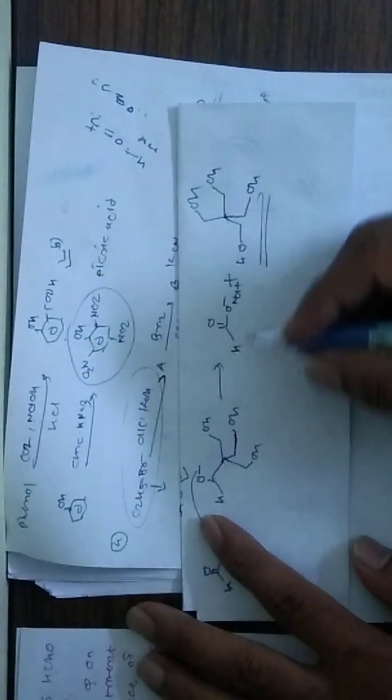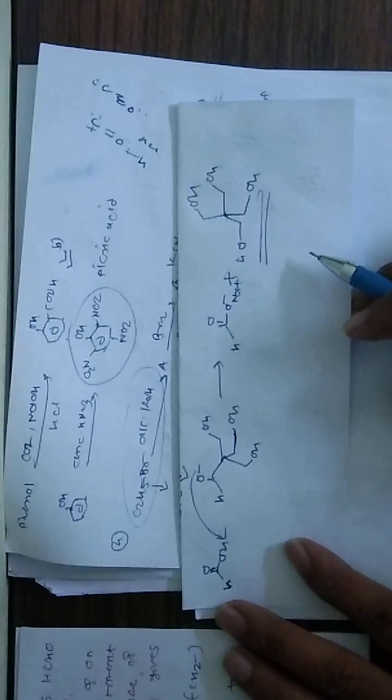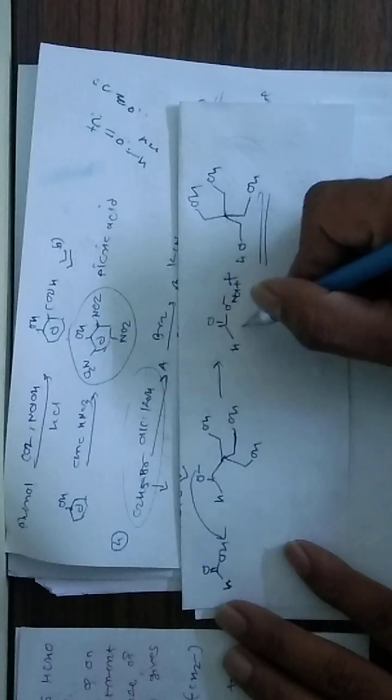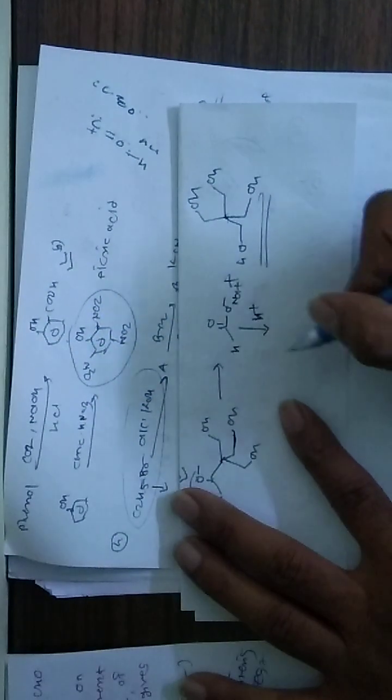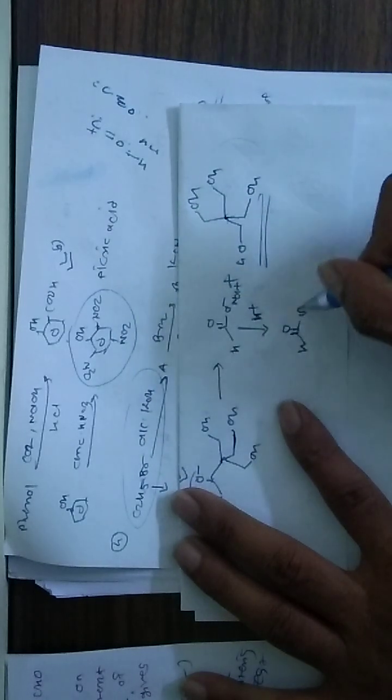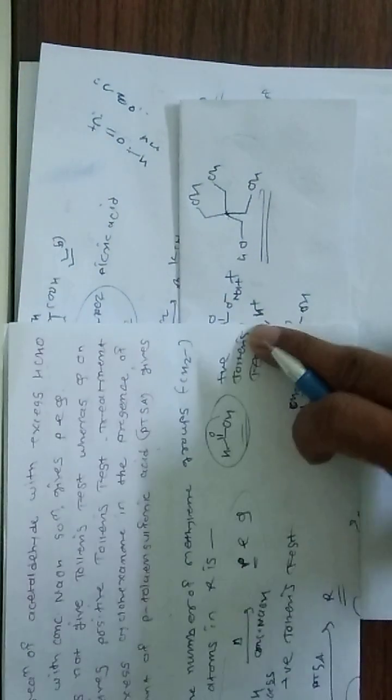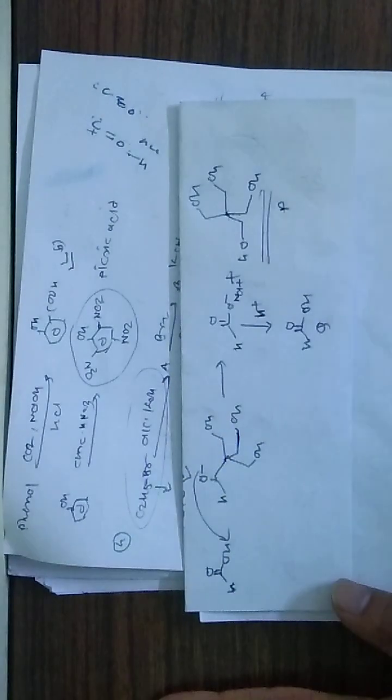But on acidification Q gives a positive Tollens test. If I acidify this group, formic acid will be formed, and I told you earlier that formic acid is one of the only acids which gives a positive Tollens test. So our Q should be that and P should be this. So we have found P and Q.